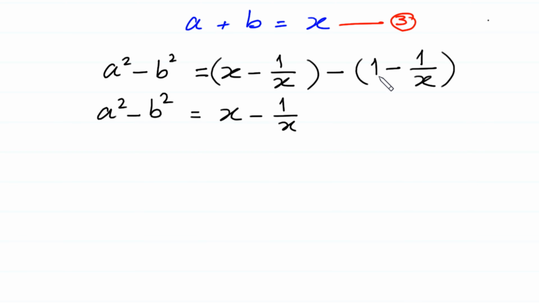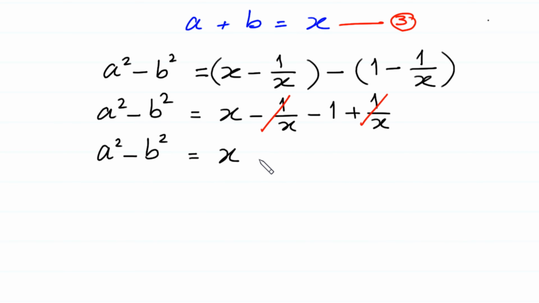This minus changes the signs of these terms. This positive 1 becomes negative 1 and this negative 1 over x becomes positive 1 over x. Next, a square minus b square is equal to, this negative 1 over x will be cancelled with this positive 1 over x, and here left x minus 1.